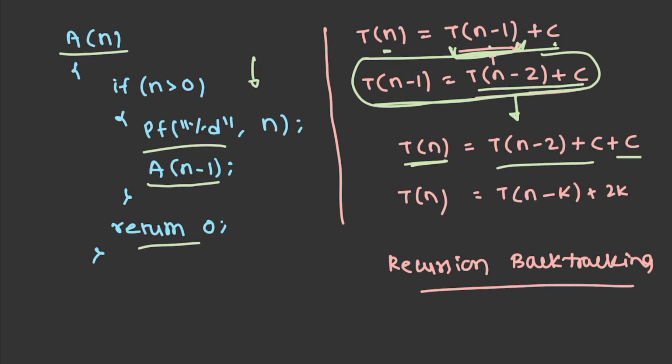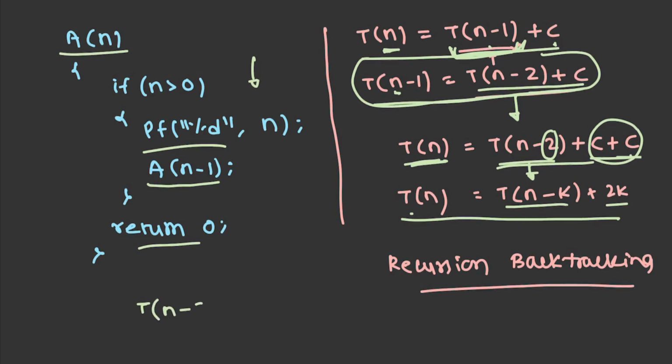If you observe, it is in the form of t of n is equal to t of n minus 2 plus 2c. So, if I have k here, then I will have k into c here. Then I can modify this equation as t of n is equal to t of n minus k plus k times c. If you are not able to follow this, just try to replace n minus 1 again with n minus 2.